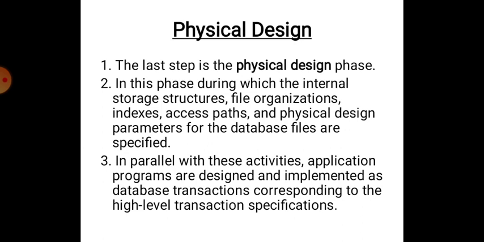In this phase, the internal storage structures, file organizations, indexes, access paths and physical design parameters for the database files are specified. So all the details regarding storage, storage structures, file organization, indexes, access paths, physical design parameters for the database file are specified.